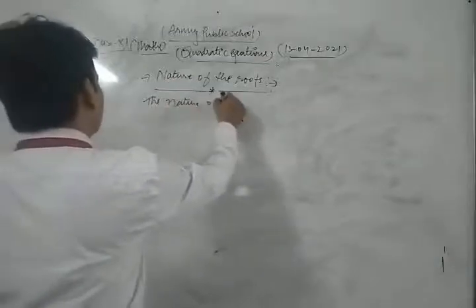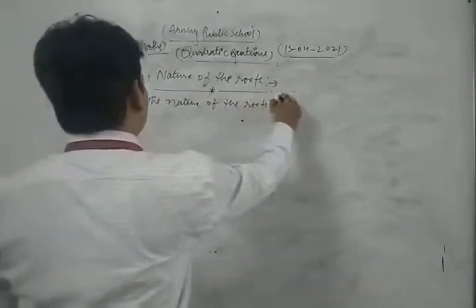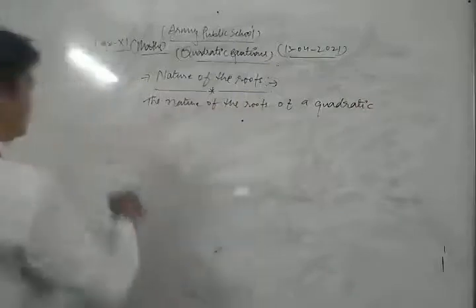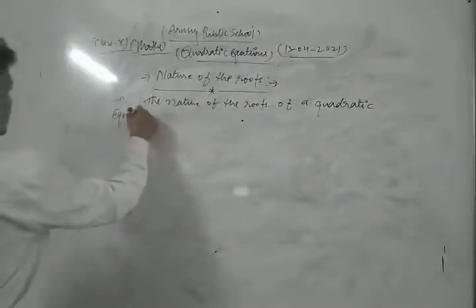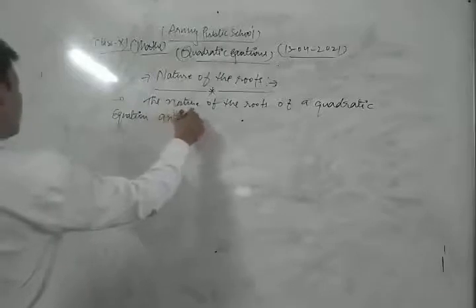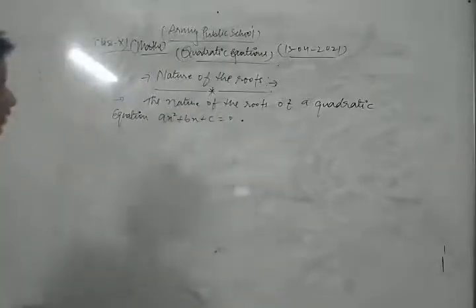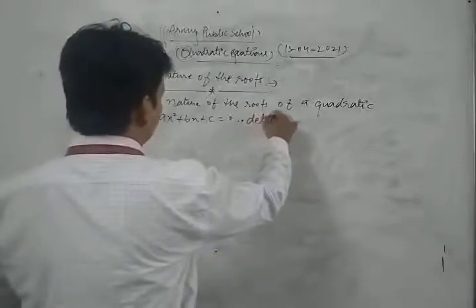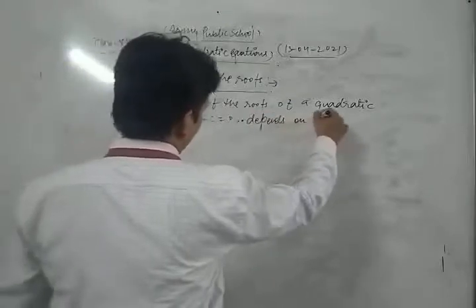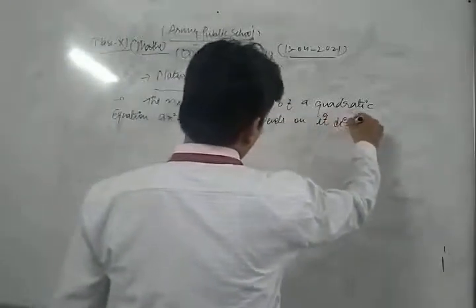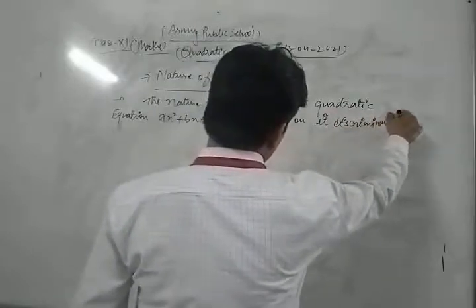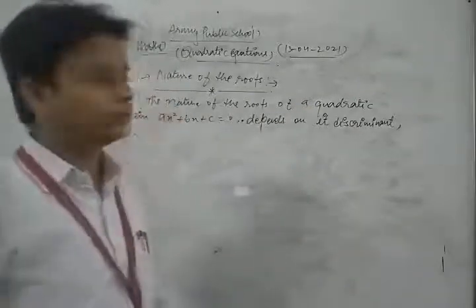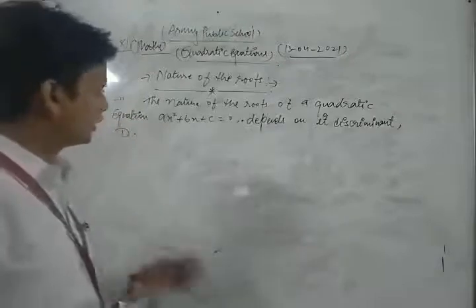The nature of the roots of a quadratic equation ax square plus bx plus c is equal to 0 depends on its discriminant D.